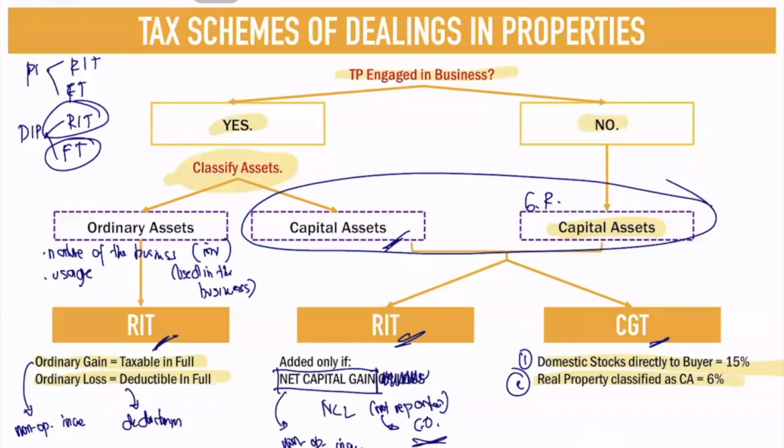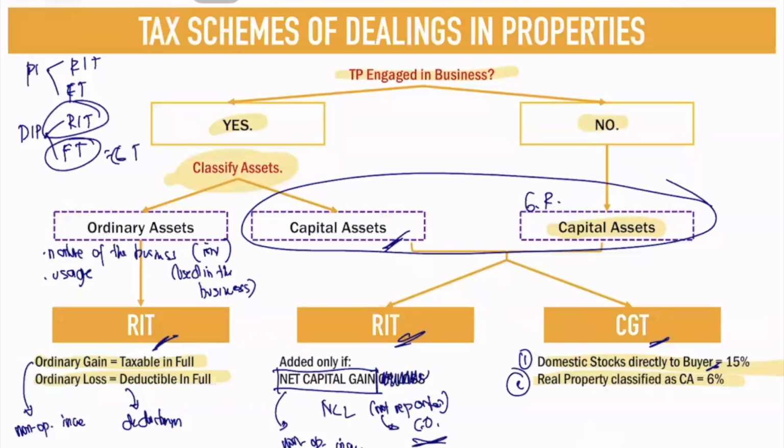For passive income, the final tax is known as final tax on passive income. For dealings in properties, we call the final tax as CGT. And what are the items of CGT? Only domestic stocks sold directly to buyer at 15% and real property classified as capital asset at 6%.